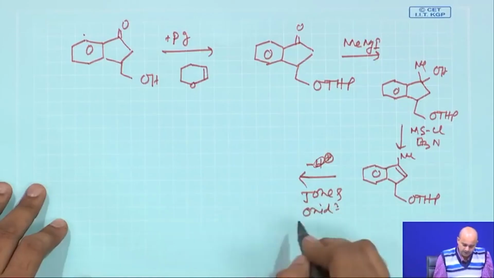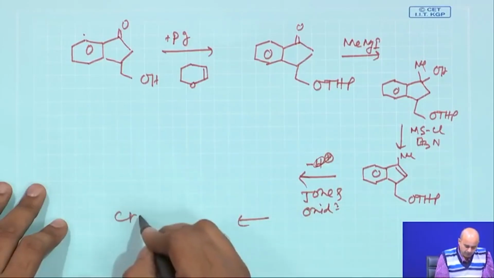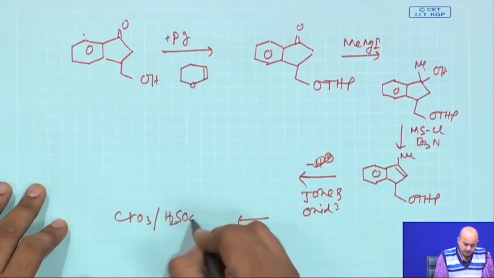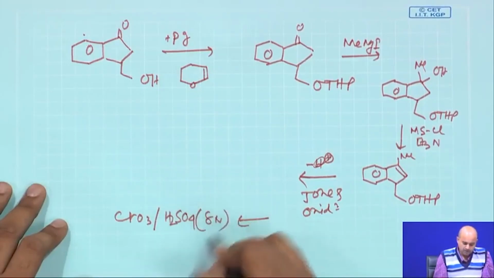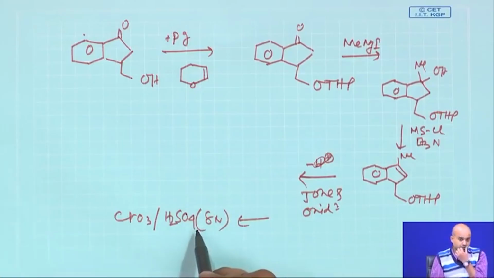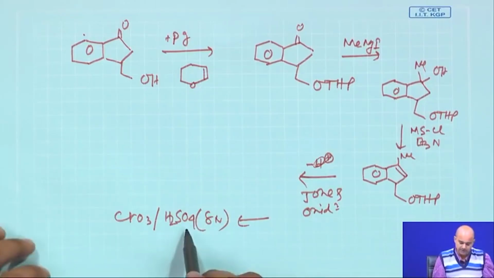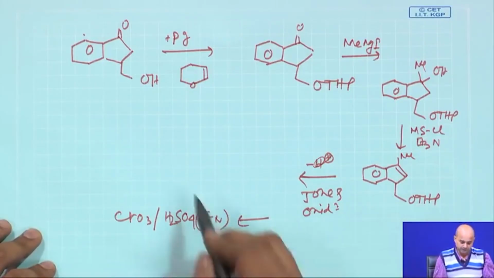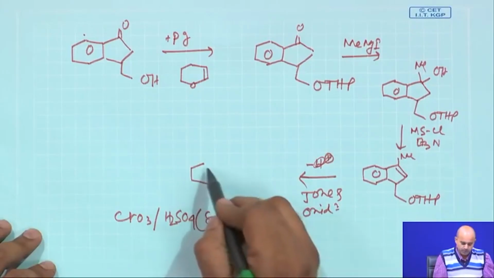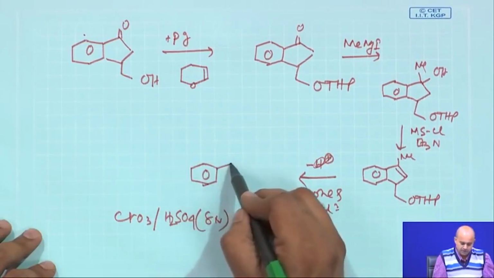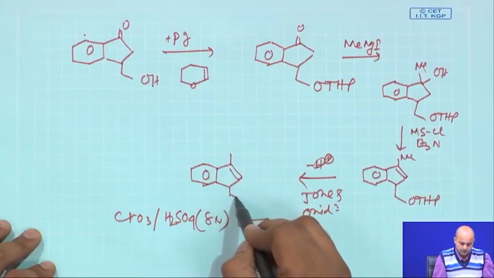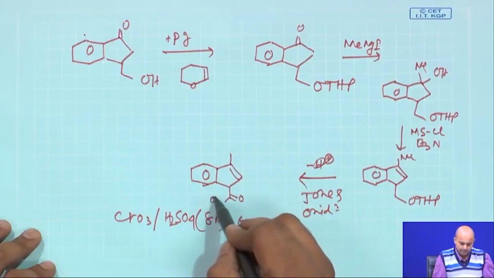Jones oxidation is basically a chromium trioxide based oxidizing system which was used in concentrated sulfuric acid, 8 normal. Now, this is a very strongly oxidizing, strongly acidic condition. So, what happened? First, if you treat this compound with Jones reagent, OTHP removal takes place initially, and then subsequently this alcohol was oxidized to the corresponding acid.